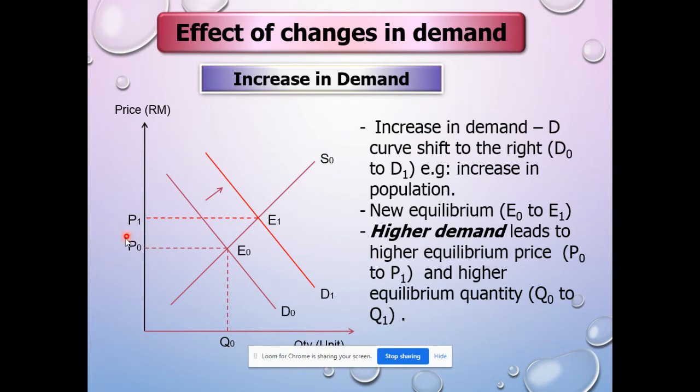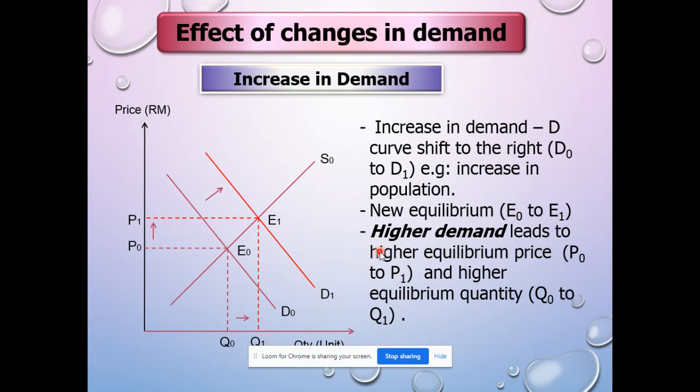Before this, P0, so it increases to P1, and then equilibrium quantity from Q0 to Q1.